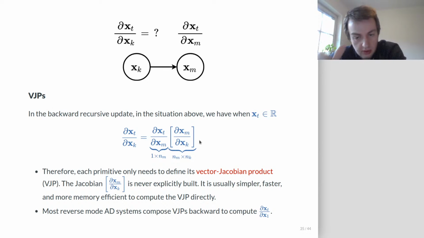If you were to look at the source code of these frameworks, they would never explicitly instantiate these Jacobians, but would have primitives or methods to compute the whole product at once. In reverse mode automatic differentiation systems, they compose these VJPs backward to compute, for example, the Jacobian of the output with respect to some input x1.